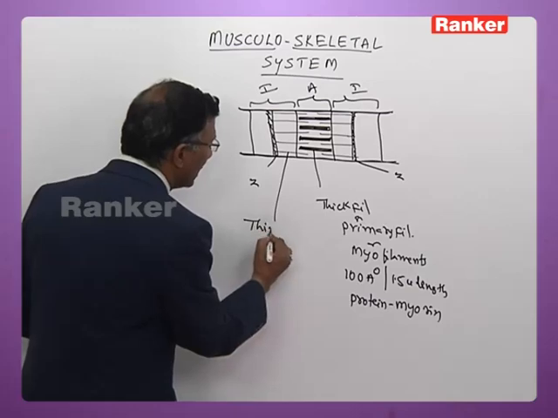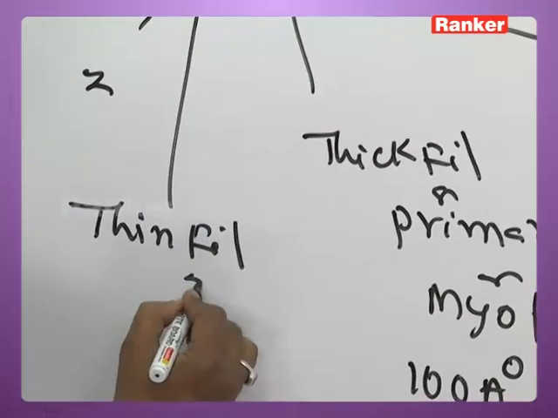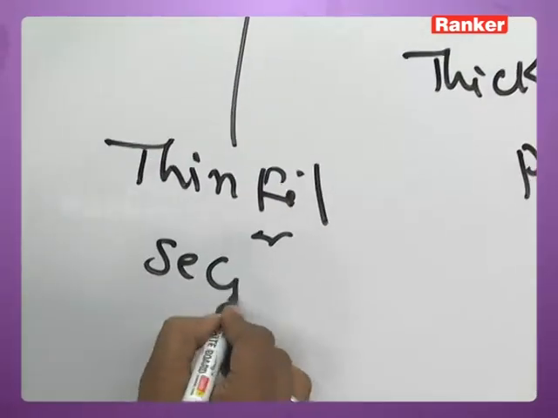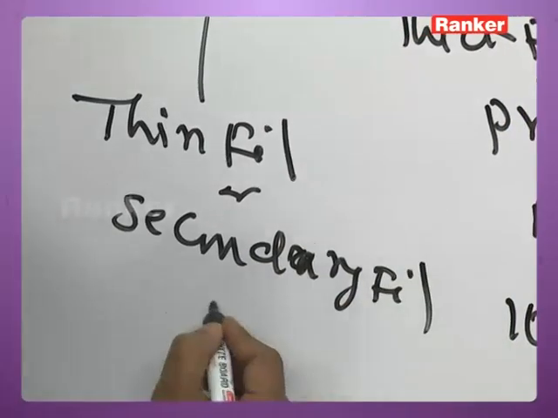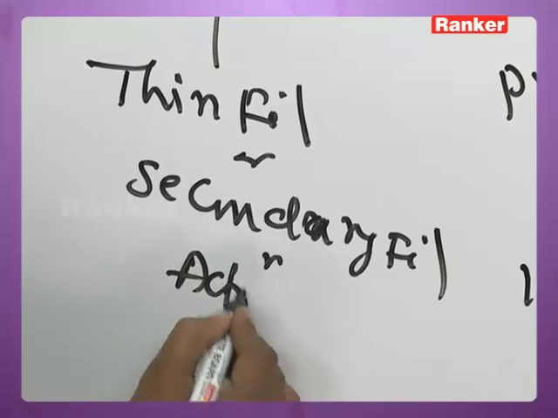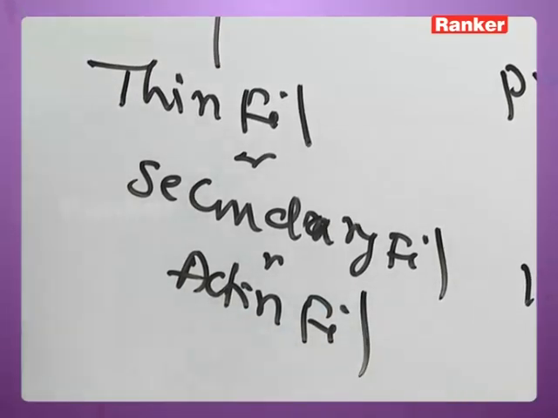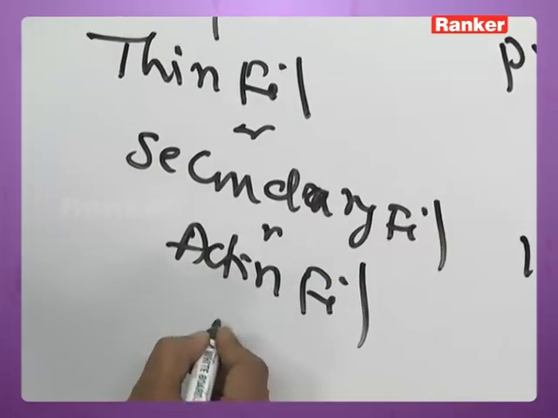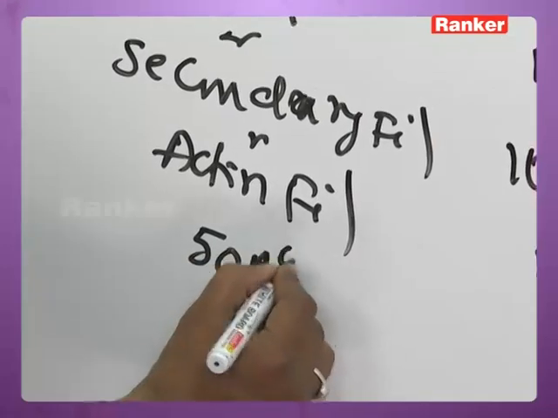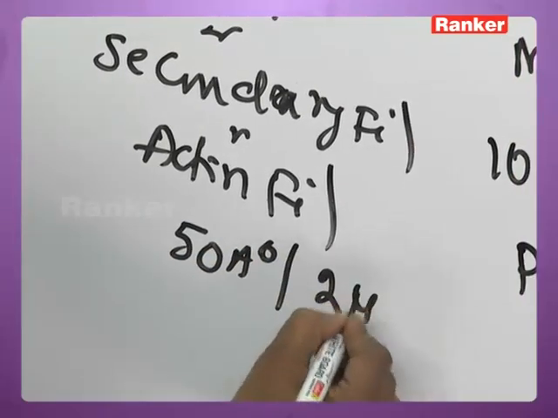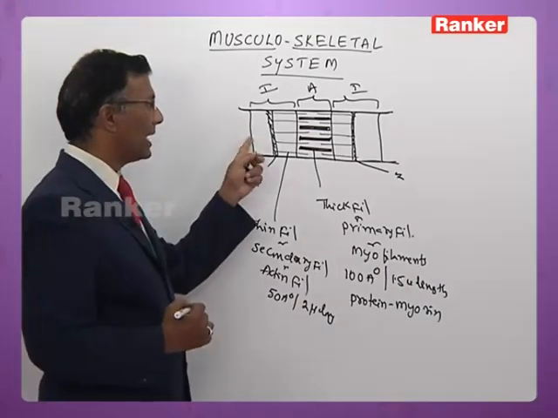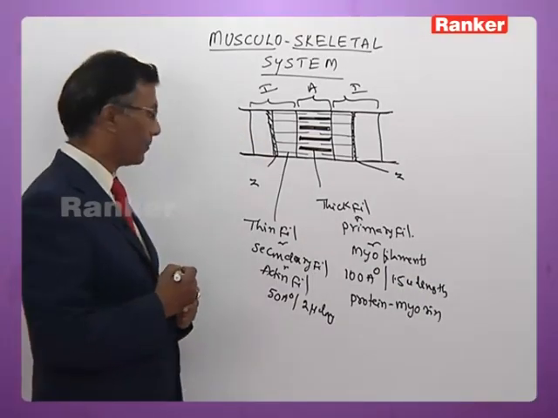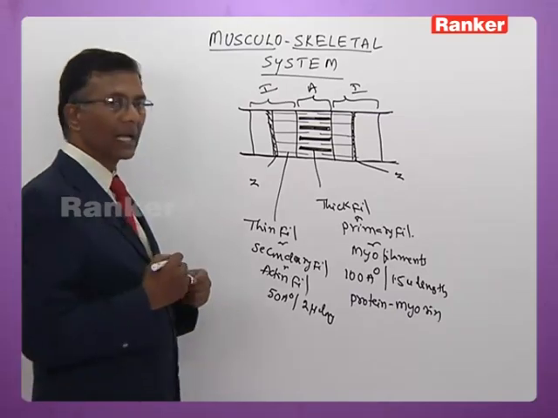These are thin filaments, also called secondary filaments, also called actin filaments. These thin filaments are 50 angstrom units in thickness and 2 microns long. That's why they arise from Z line and extend even into the A band.